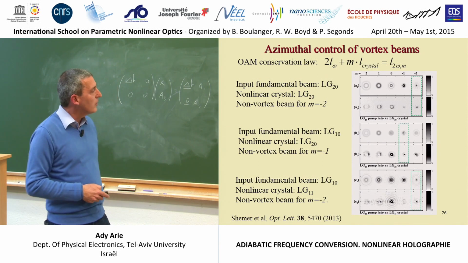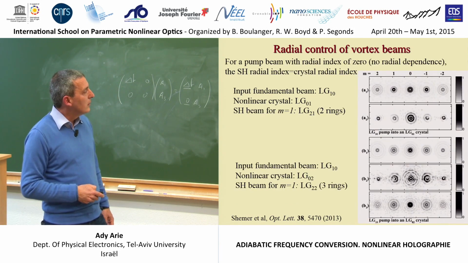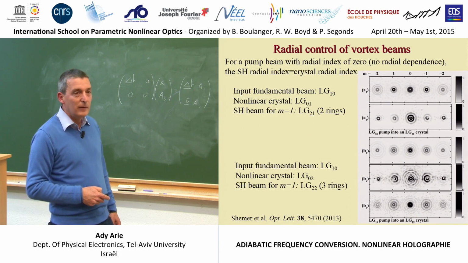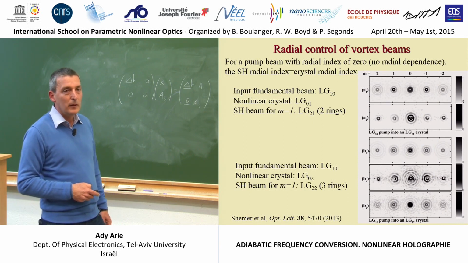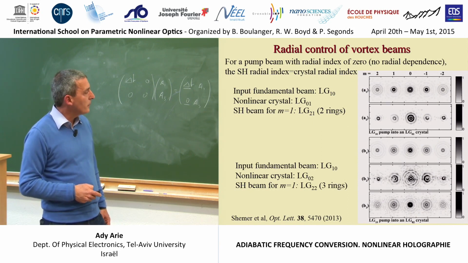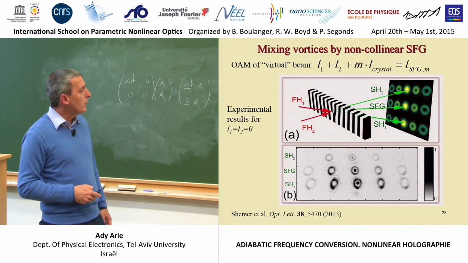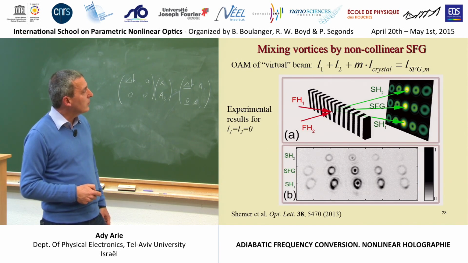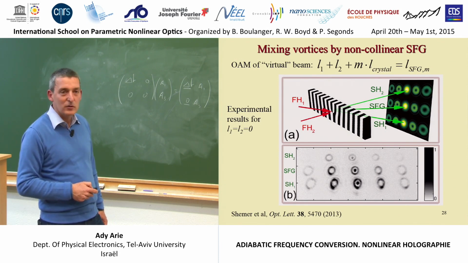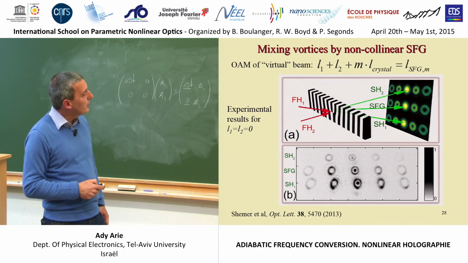And it works also for other cases. Also, you can control the radial index in this manner. And you can mix. You can also do non-collinear interaction. So then, this is what is called the virtual beam diffraction. It's called virtual beam because basically you send one fundamental beam in this angle and one fundamental beam in this angle.